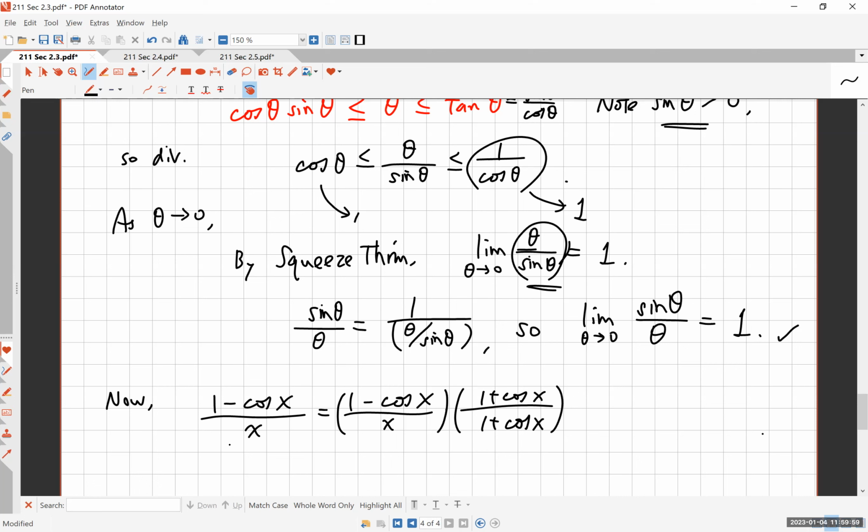All I did is multiply this by 1, which is written as 1 plus cosine of x over 1 plus cosine of x. So this will be 1 minus cosine squared of x on the top, and on the bottom, nothing else changes.